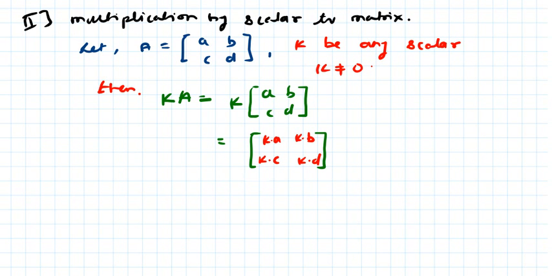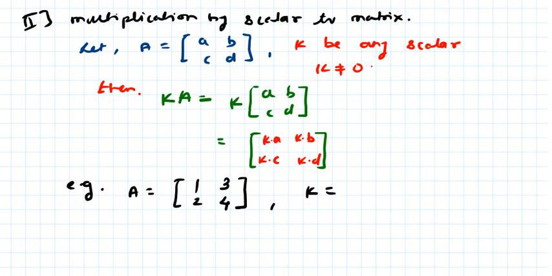Okay, for example, suppose I have the matrix 1, 2, 3, 4. Okay, and if I take the value for K equal to 4, which is not equal to 0, and the question is find 4A. Okay, so to find this 4A, what will I do?